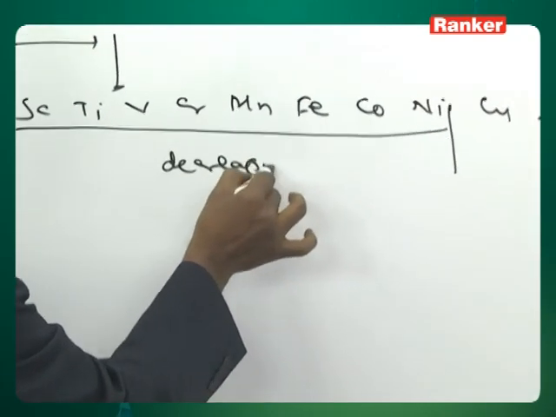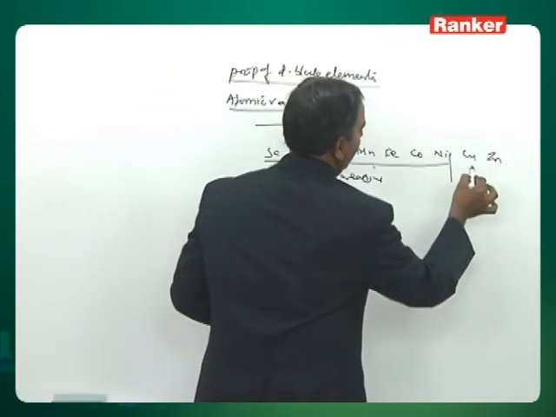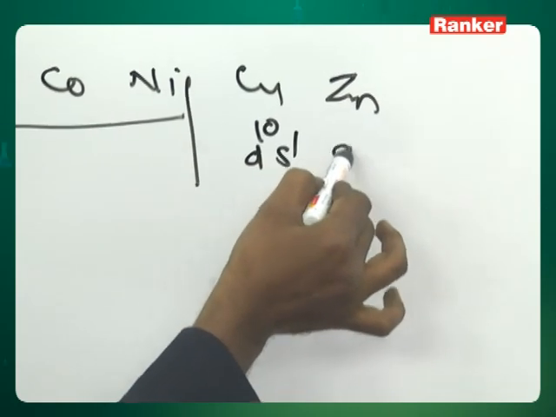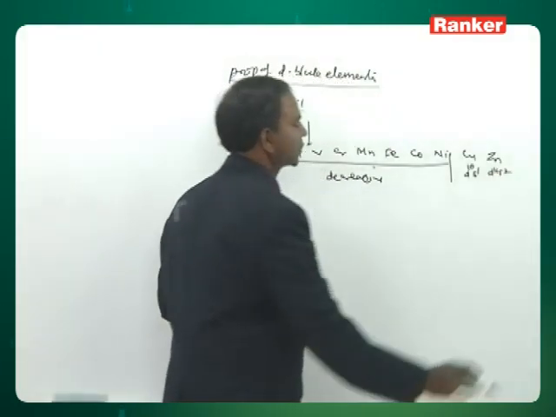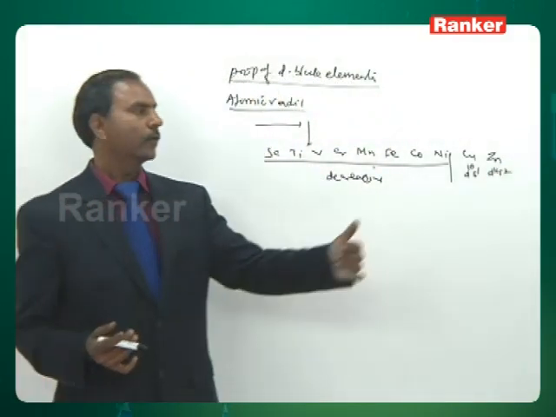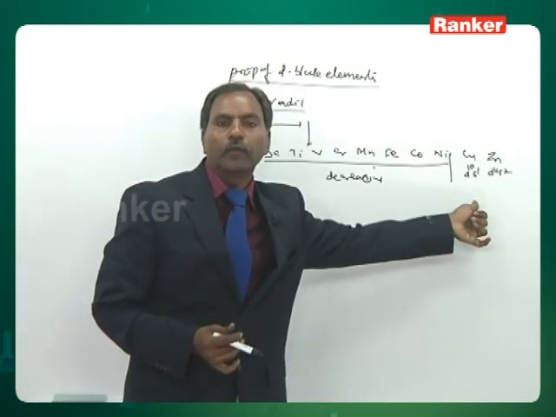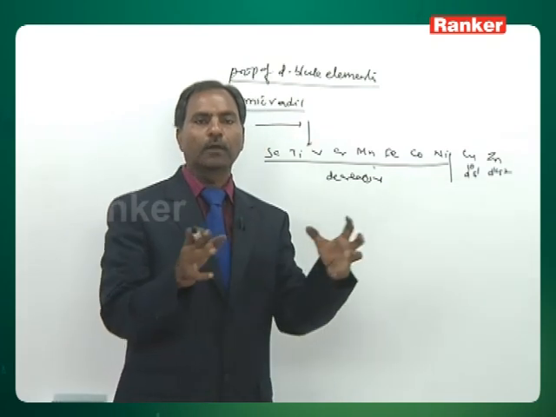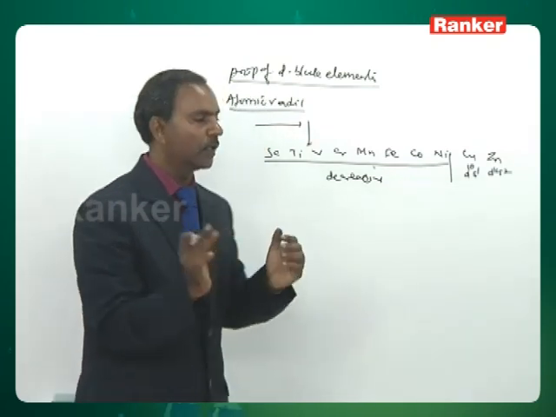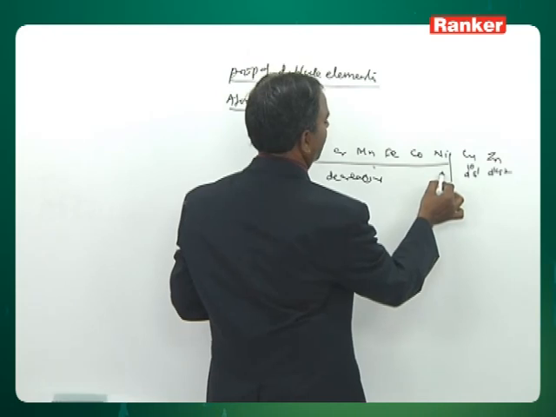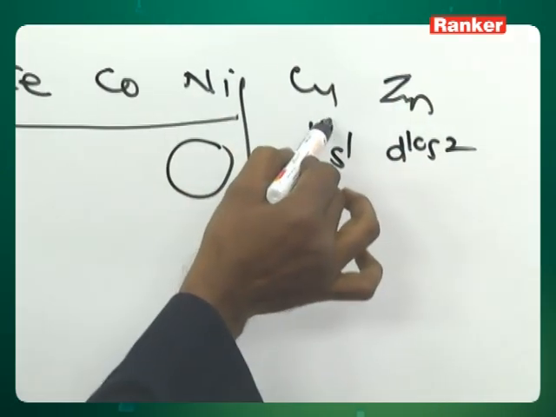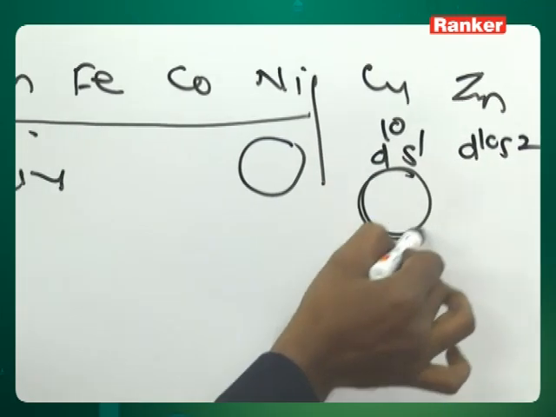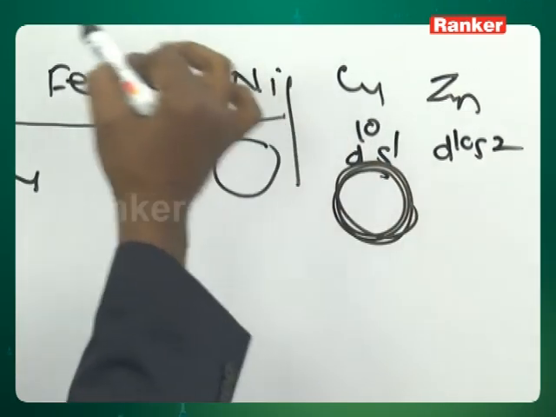But in the case of copper and zinc, what is the electronic configuration of copper? d10 s1, and zinc d10 s2. In the case of copper and zinc, we clearly observe fulfilled orbitals, with inter-electron repulsions. Electron charge cloud is expanding. Imagine nickel is this big, but in copper, due to fulfilled orbital inter-electron repulsions, the electron charge cloud is expanding.